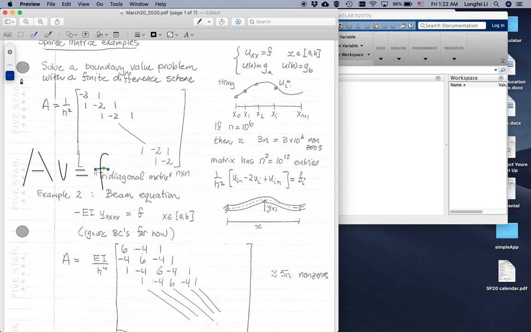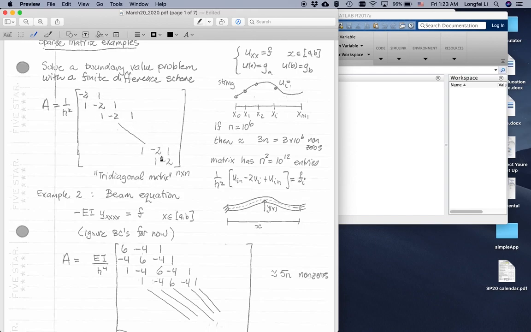It's okay if you don't follow the details of this equation, or how we get this finite difference equation. The idea is that I'm using this example to show you that from applications we end up with a matrix that has non-zeros only on the tridiagonal.